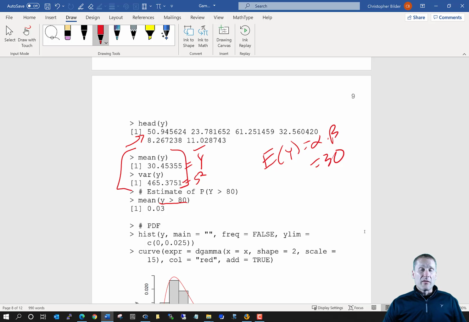When I do some kind of mathematical function with these trues and falses, R converts them to ones and zeros. So if I took the mean of them, I get the proportion of ones out of these 1000. In other words, I get the proportion of these y's that are greater than 80, which is 0.03, very similar to what we found before with that particular probability.